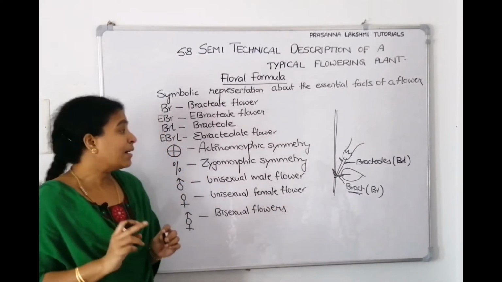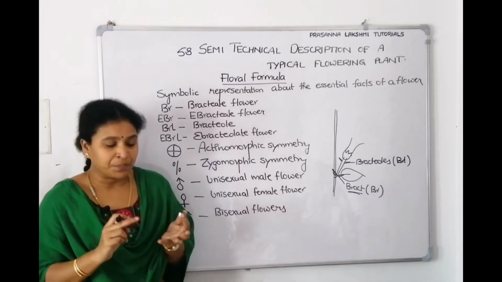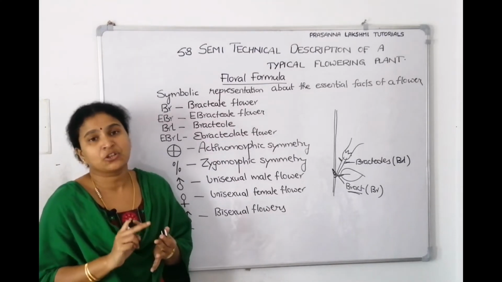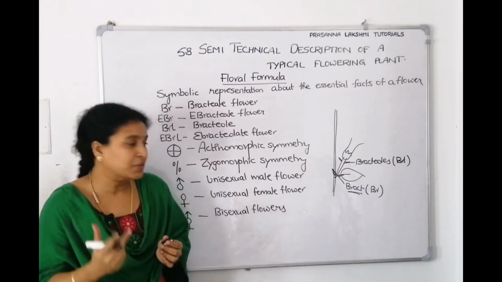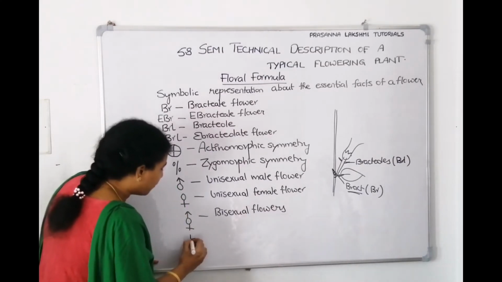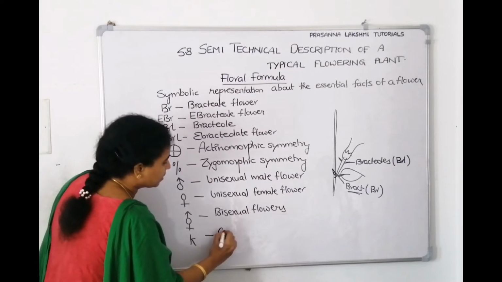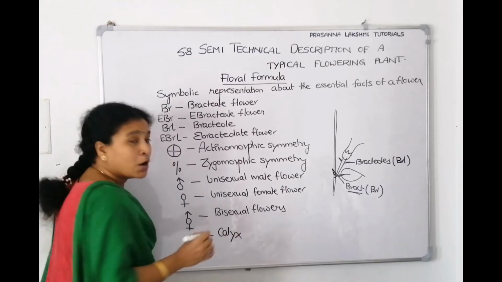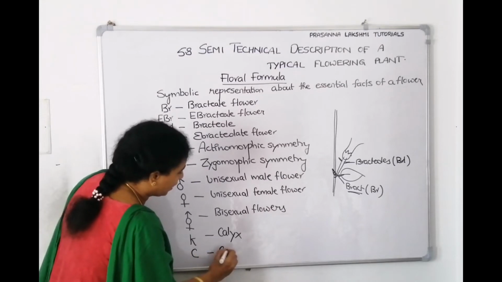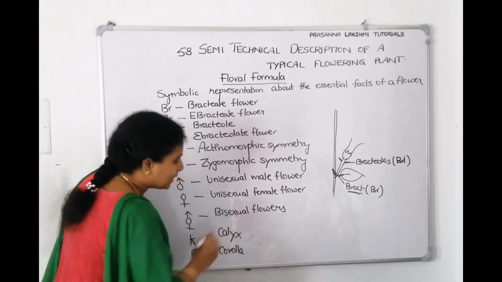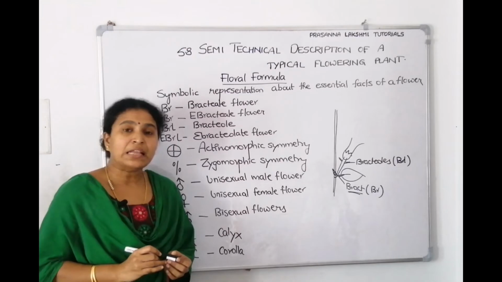Okay. So then come the floral whorls: calyx, corolla, androecium and gynoecium. For calyx, K, the pronunciation comes with K. So the alphabet K we use to represent the calyx members. For corolla, the symbol C represents corolla. Sometimes in lily, there is no distinction between calyx and corolla.